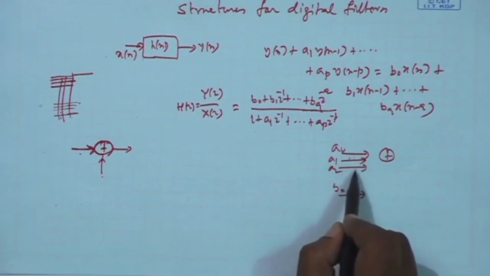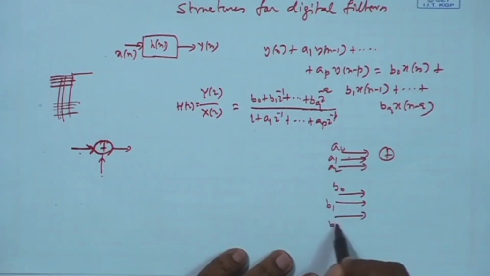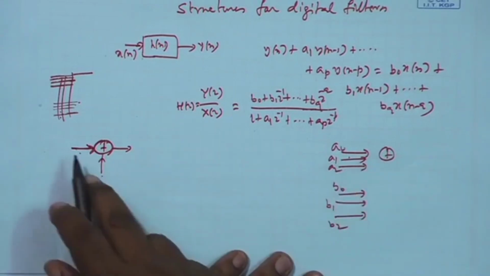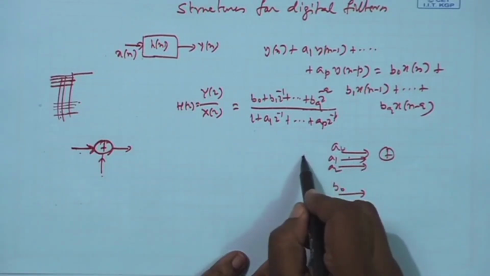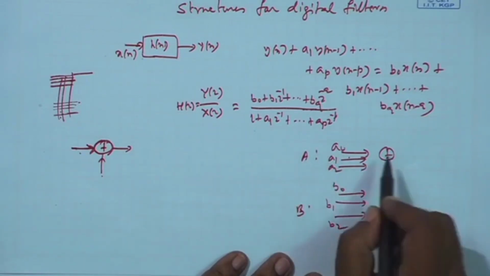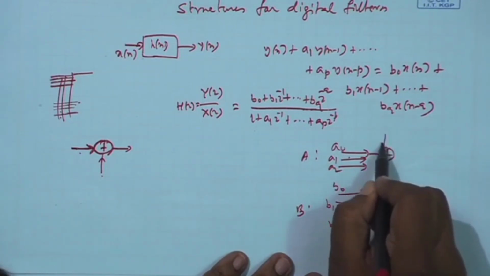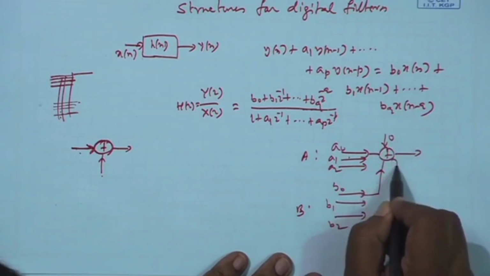So, the bus has just 3 lines. Here also B 0, B 1, B 2, and if you have to add A with B, this is A, this is B, 3 bit data, you have to add A and B. What you do? You add LSB with LSB, as I told you, with initial carry 0, giving a result and a new carry.